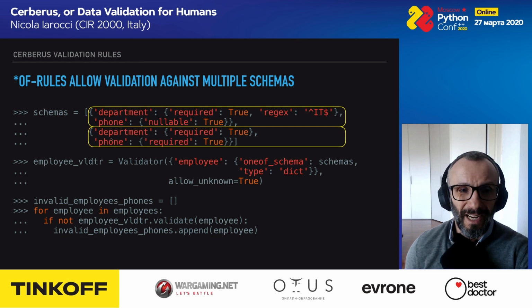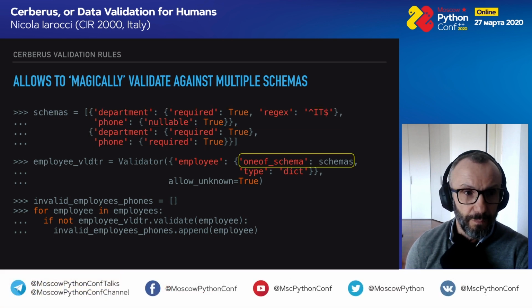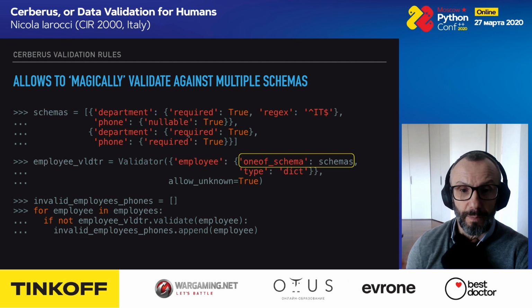But because we are validating against different schemas, we can be very flexible in our validation. For example, here it is probably the same example, but this time we are applying the oneof schema. So either the first or the second of the schemas must be valid.